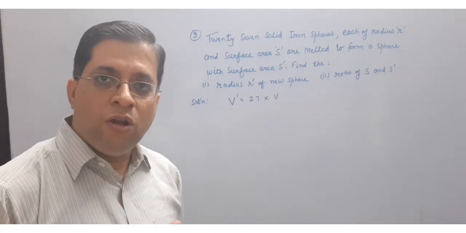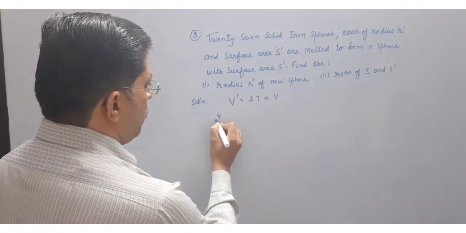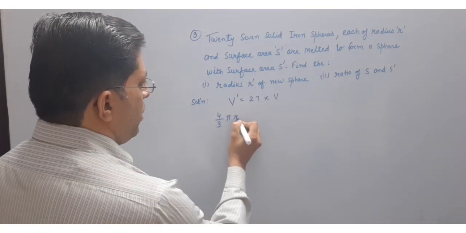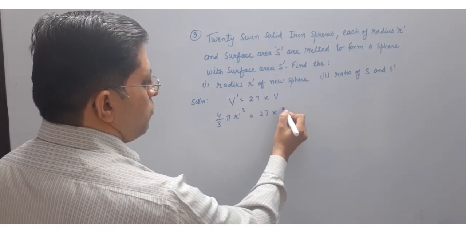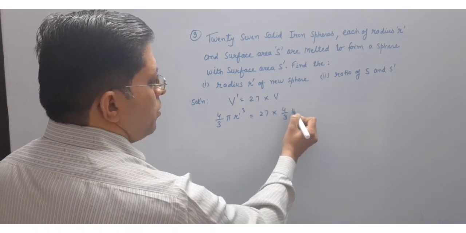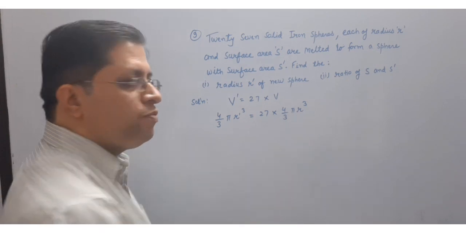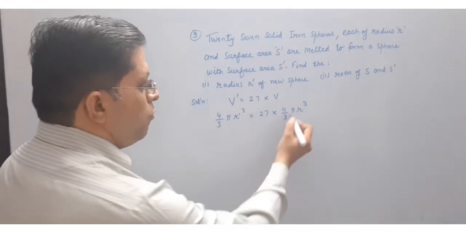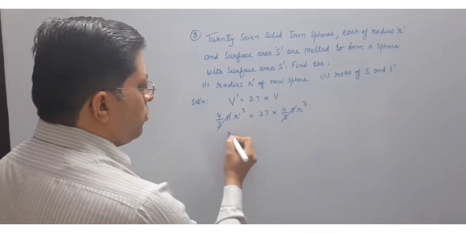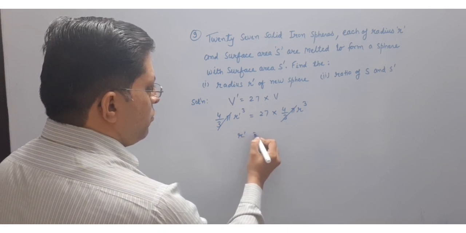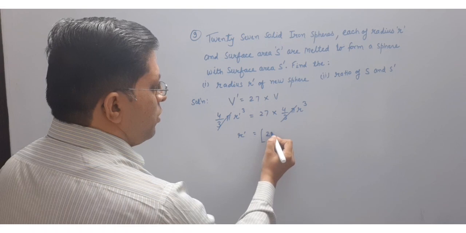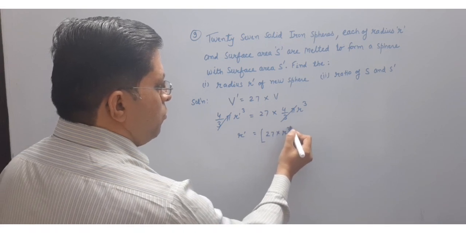So what is the volume of a sphere? 4 upon 3 pi r dash cube equals 27 into 4 upon 3 pi r cube. 4 upon 3 pi cuts with 4 upon 3 pi. What is r dash? This will be 27 into r cube.